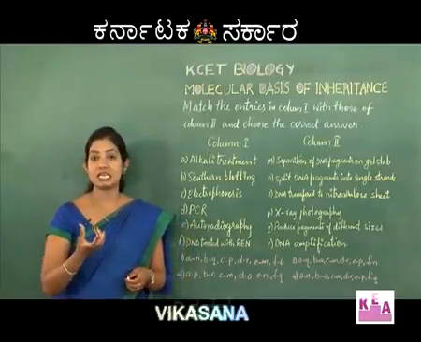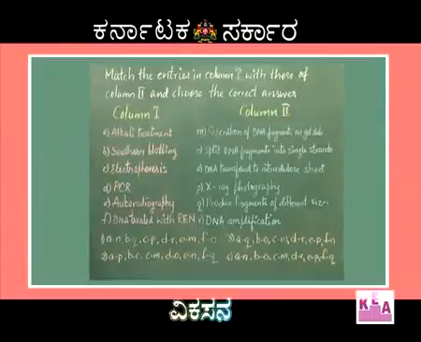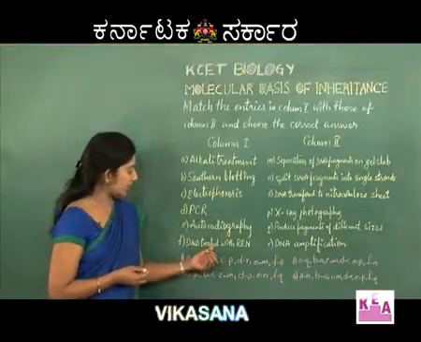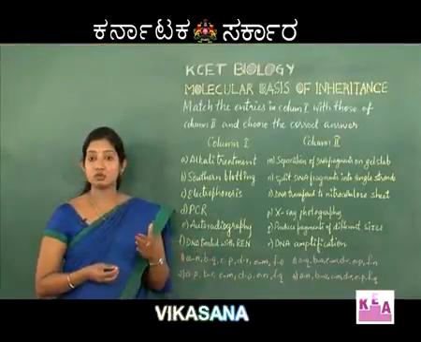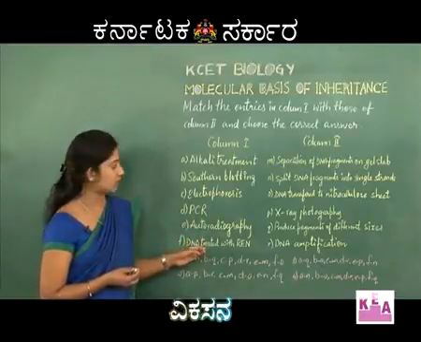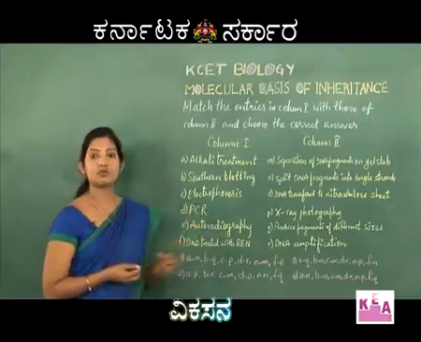wherein the amount of DNA is amplified. Later it is treated with REN, that is restriction endonuclease. These enzymes cut the DNA into small fragments. Once they are cut into small fragments, they are subjected to electrophoresis.